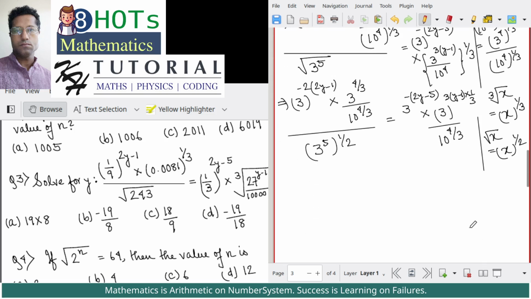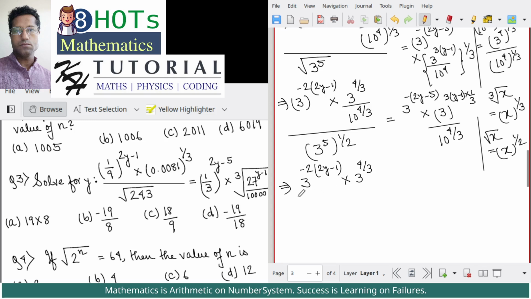Now, this implies we have 3 raised to the power minus 2 into 2y minus 1 multiplied by 3 to the power 4 by 3 divided by 10 to the power 4 by 3.